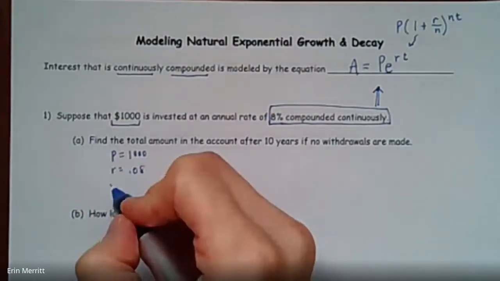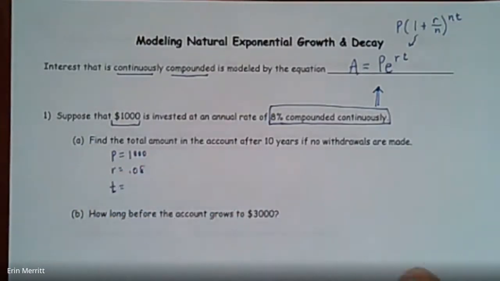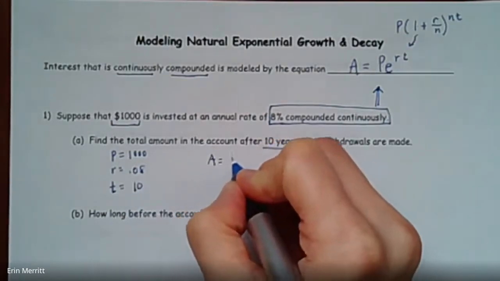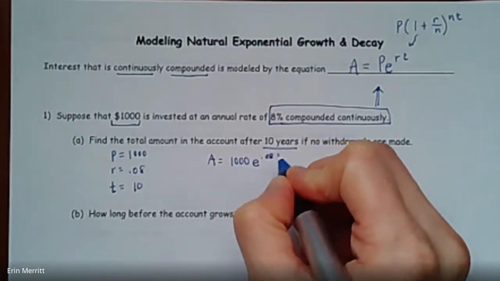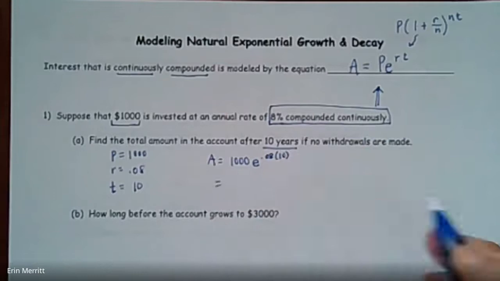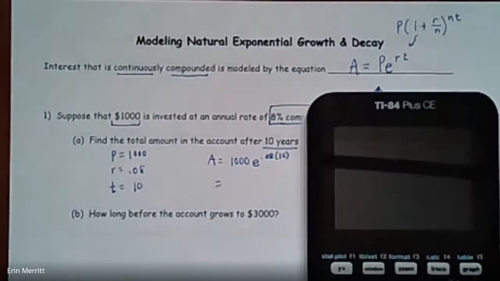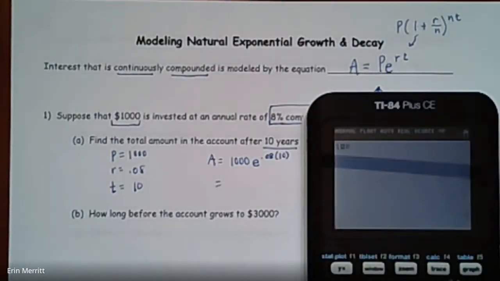And then the t value, they're saying after 10 years, so that's going to be this. All right, let's try it. We have 1,000 e raised to the 0.08 times 10. So on the calculator, on that home screen, 1,000, second ln, so there's that e, and then raised to the 0.08 times 10.